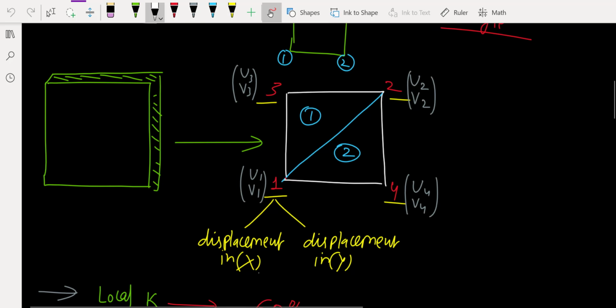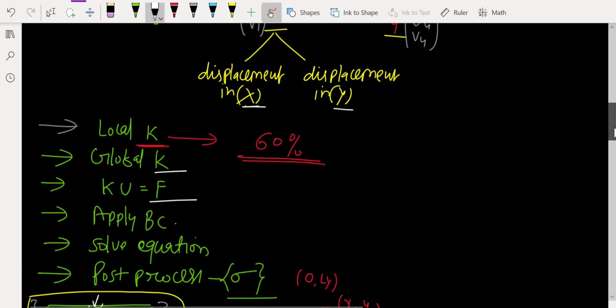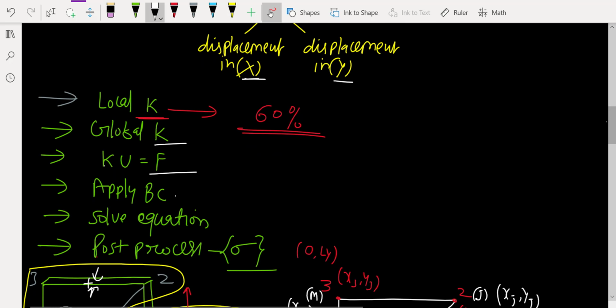So displacement in x direction and displacement in y direction, which can also be denoted as u in the x direction and v in the y direction, for the sake of simplicity and correlation with the reference books. Then the process starts from formulation of the local stiffness matrix, find the global one, formulate them into this form, apply the boundary conditions, solve, and post process.